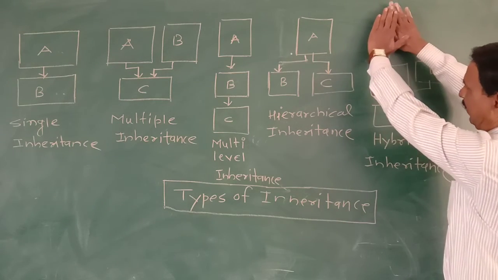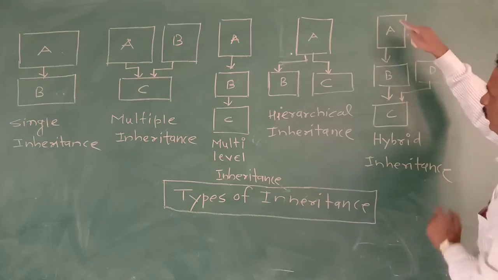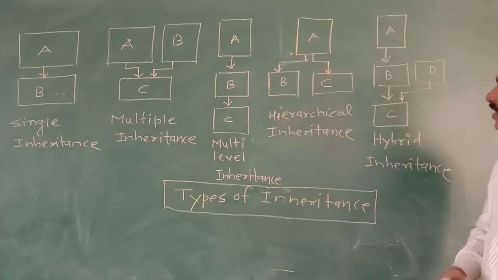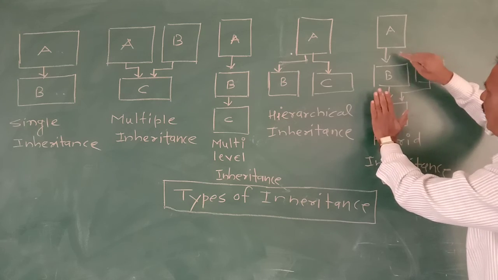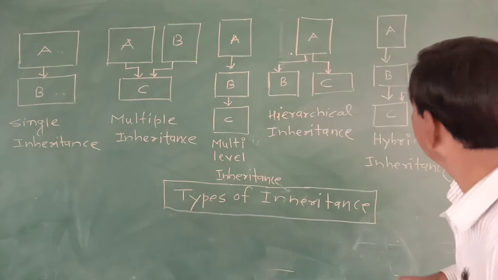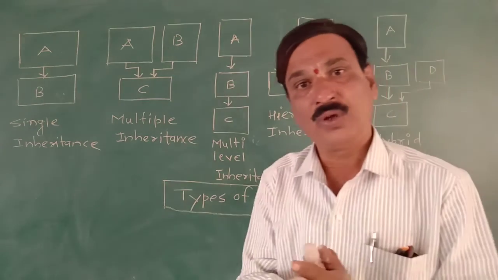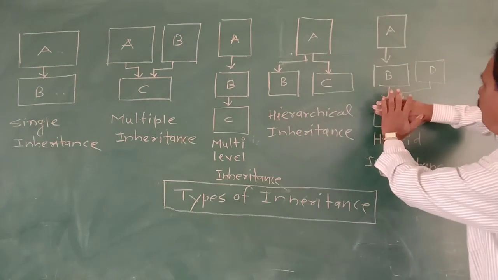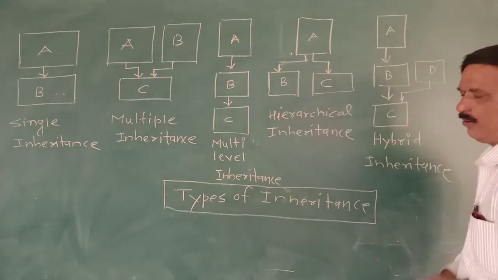If you hide the A, you will see this will be multiple. If you hide the D, this will become multi-level. And if you hide the C, and the connection is made like this, it will become hierarchical. So here two types of inheritance are involved.